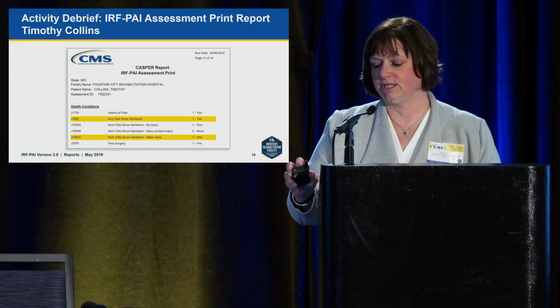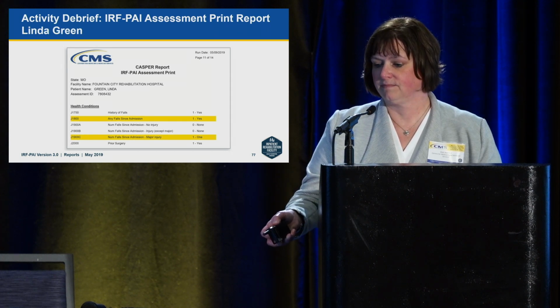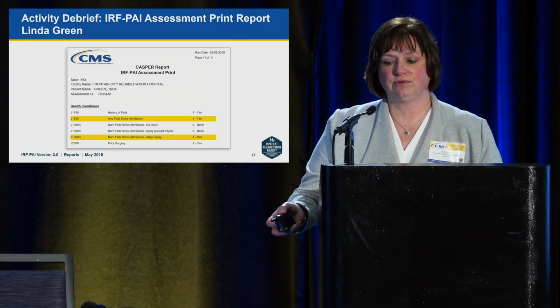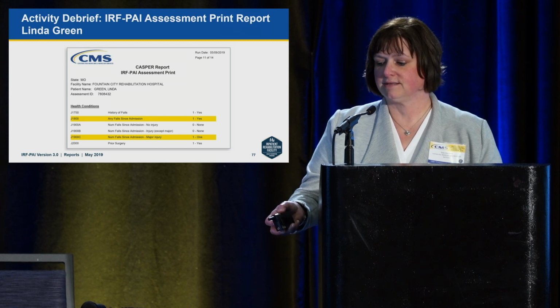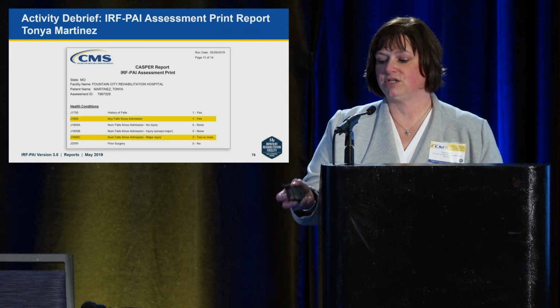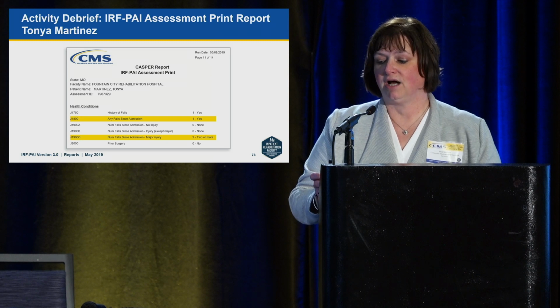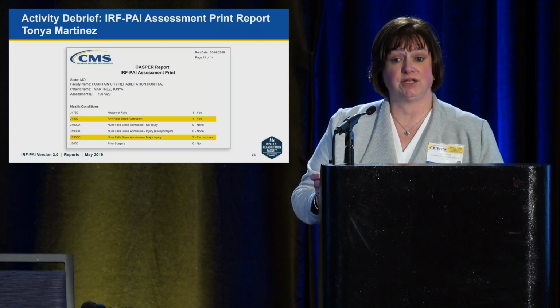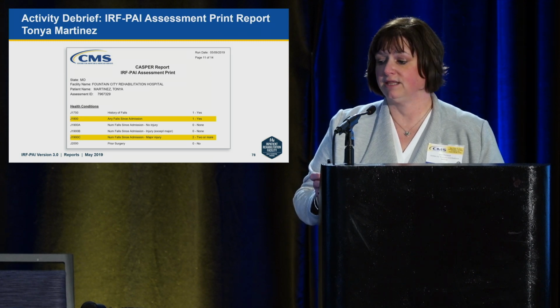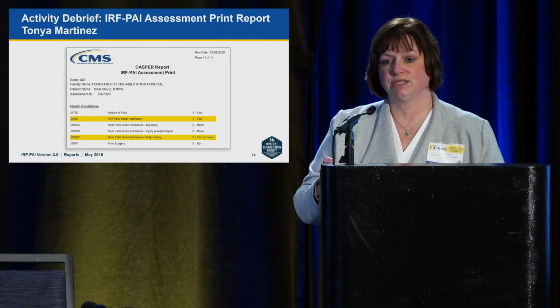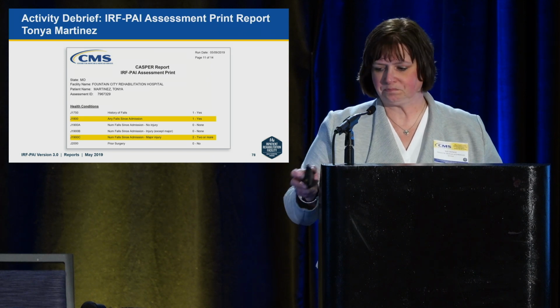So that put the person in the numerator. The same is true for patient Linda Green and for patient Tanya Martinez. Ms. Martinez actually had 2 falls with major injury since admission, so she was included in the numerator as well.